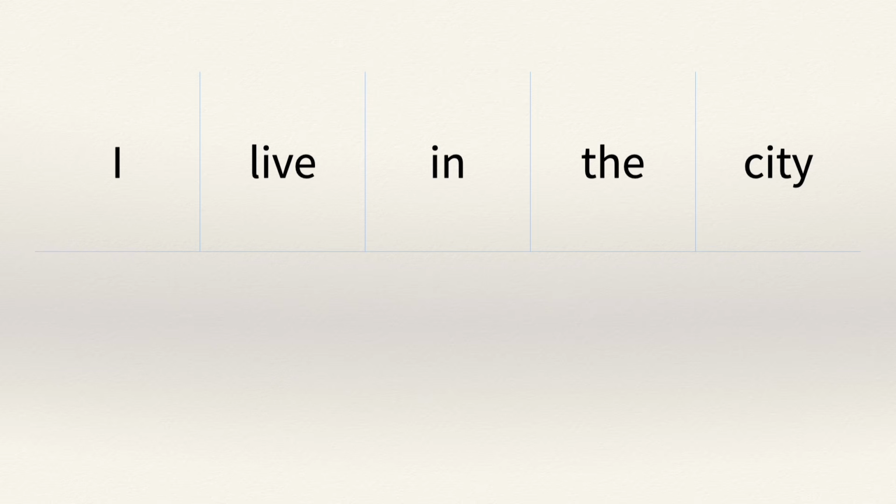I live in the city. How do you say I in Spanish? Yo. Live. Vivo. As a side note, in Spanish, we don't need to add the pronouns as we do in English because the verbs are conjugated to the person. So we could just start at vivo.